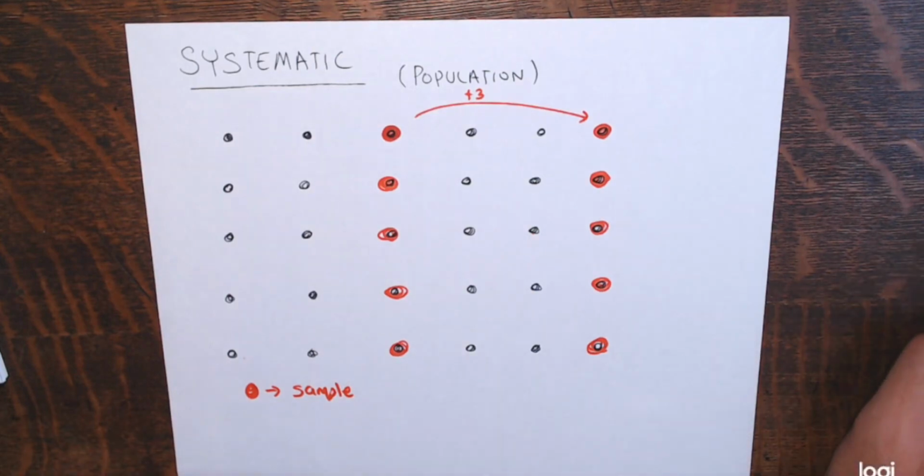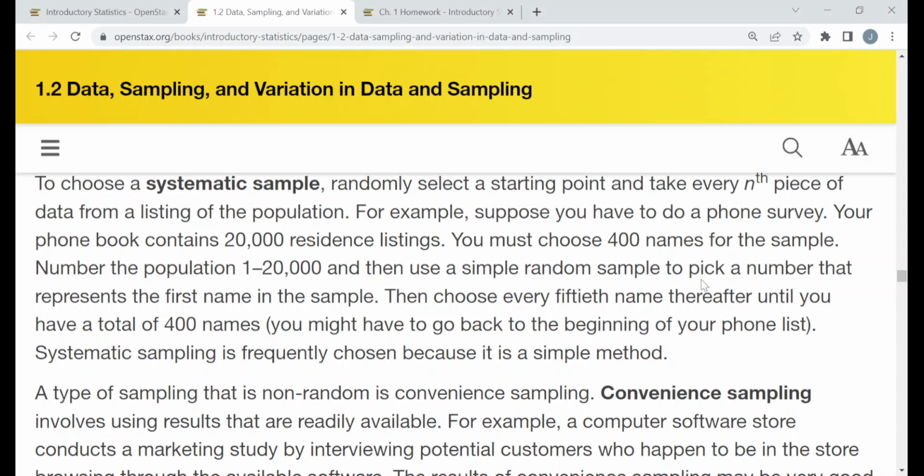Okay. All right, and once again, they have an example here, right? For example, suppose you have to do a phone survey. Your phone book contains 20,000 residence listings, right? So the population is 20,000 people, 20,000 residents.